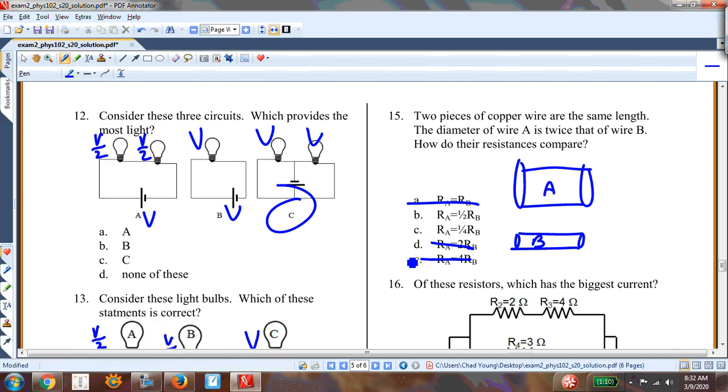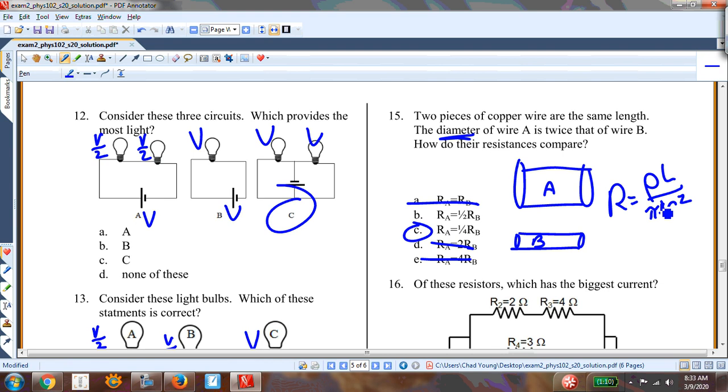these options. So it's either half or a quarter. And since I'm talking about diameter, you might know already that it's going to be a quarter because this is an inverse square relationship, right? R is equal to rho L over A. But I'm not given the area, I'm given the diameter. And I know that area is pi r squared, or pi diameter over 2 squared.